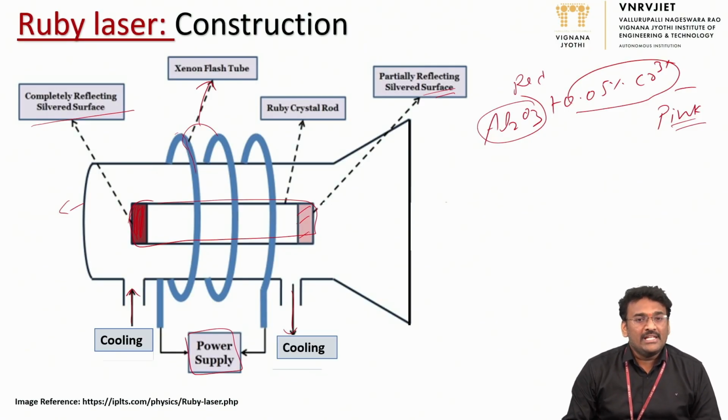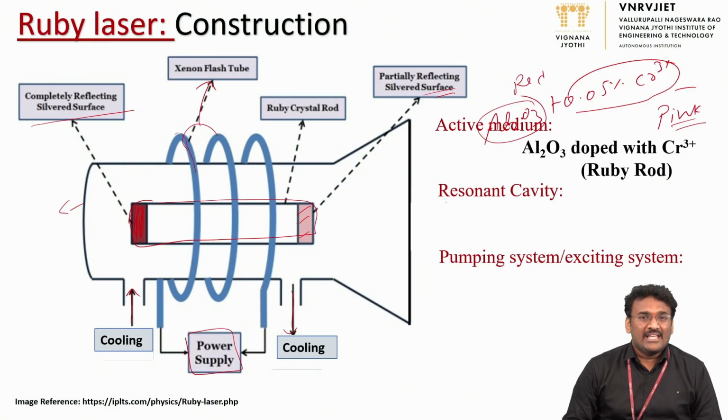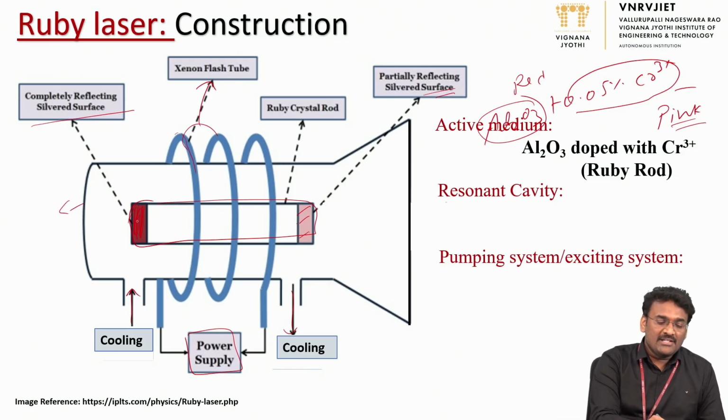To produce any laser, 3 parameters are important. One is the active medium, second is the resonant cavity, third is the pumping system or exciting system. So in case of ruby laser, what are these 3 parameters? Active medium, as I already told you, is Al2O3 doped with Cr3+ ions, that is the ruby rod. The resonant cavity is the 2 mirrors or silver coatings, one side fully and the other side partially reflecting.